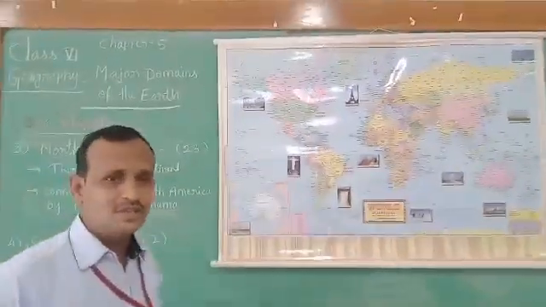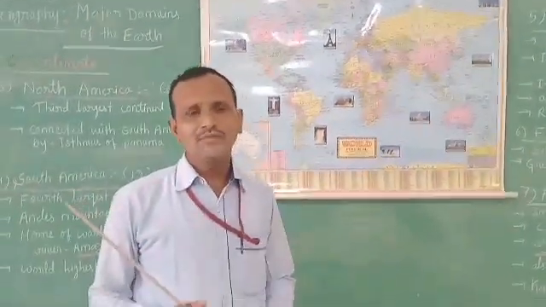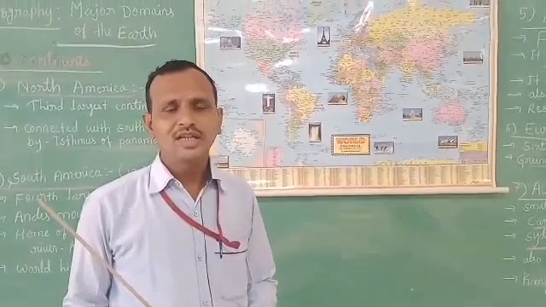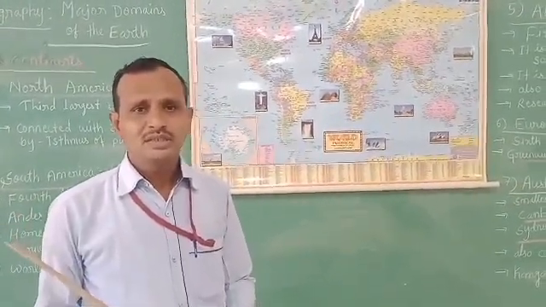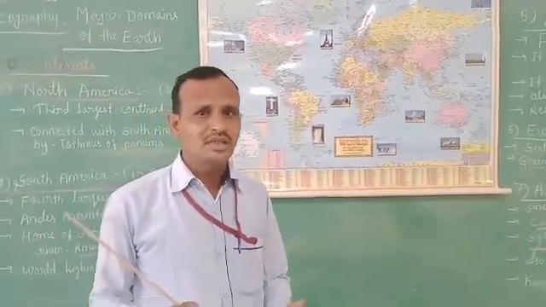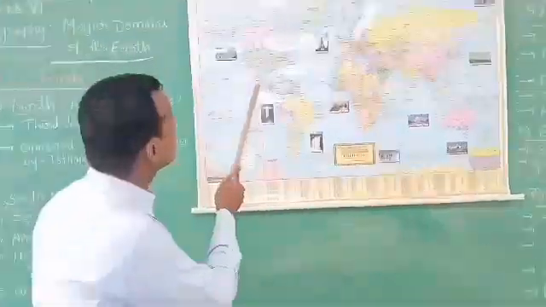Children, first you have to understand what an isthmus is. An isthmus is a narrow strip of land connecting two large land areas. You can see here North America and South America. These two are connected here.